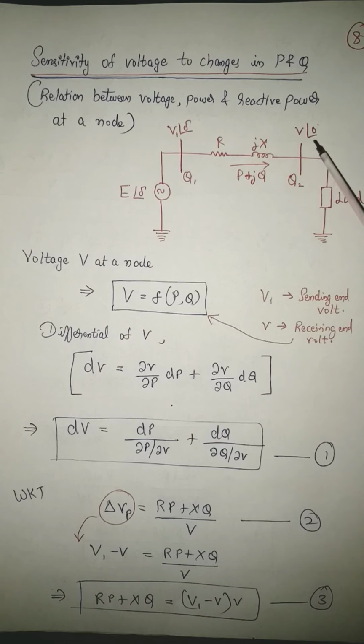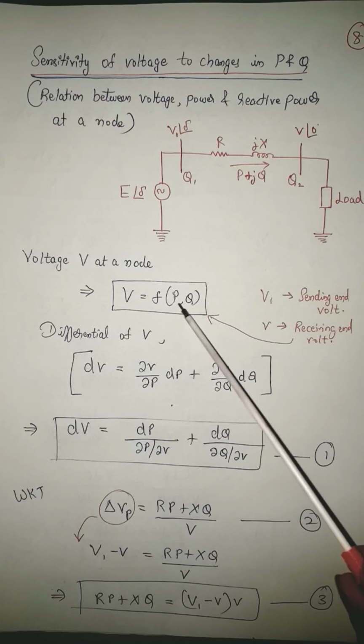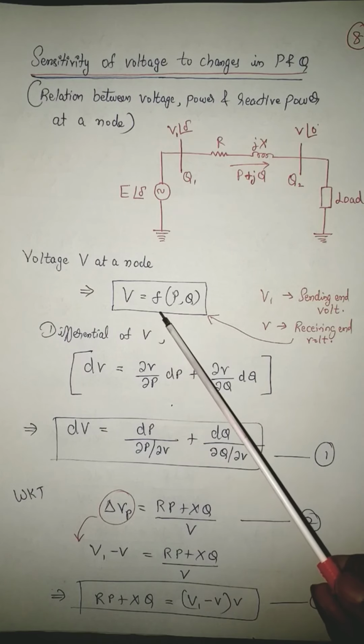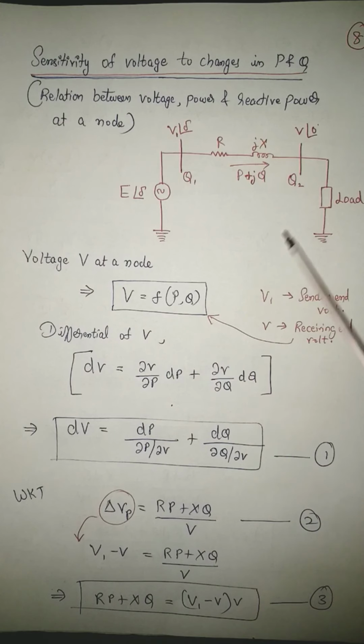Whatever voltage you are seeing here is nothing but V. Essentially this is a function of P and Q, so it is written as V is equal to a function of P and Q, because always the voltage at this particular receiving end is dependent upon the nature of the load, whether the load happens to be resistive or inductive. Depending upon that, it decides the amount of active power and reactive power being drawn by the load.